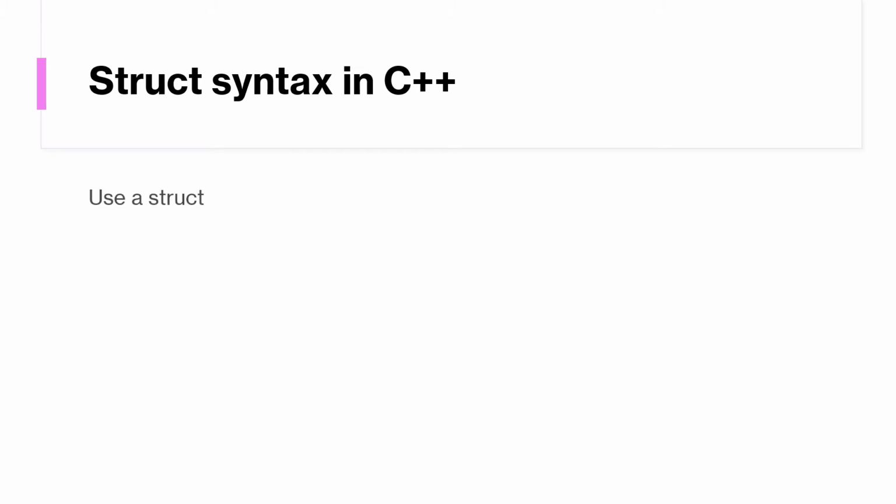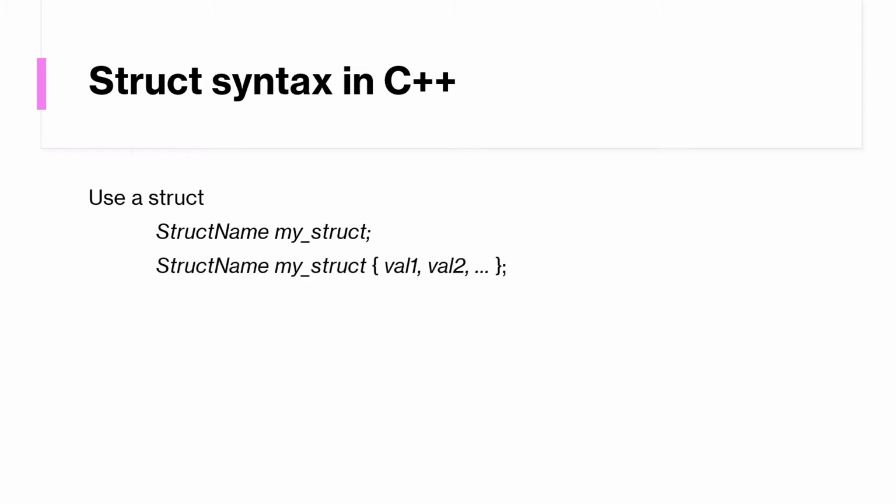So then how do we use a struct? Once we've established the struct name as a type, we can just use it to create a variable, my struct. If you want, you can then initialize in curly brackets each field of your struct. So if we have two fields X and Y, you provide the X value first and the Y value second.